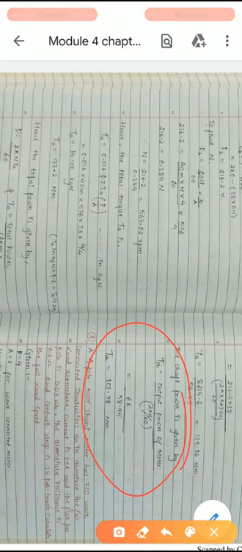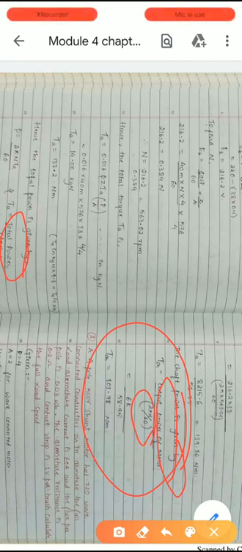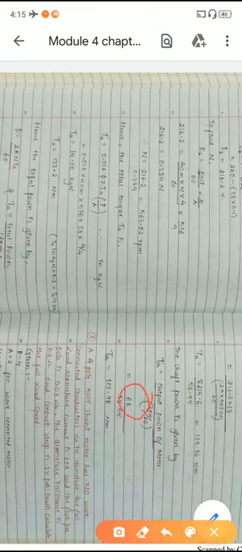What is shaft torque? Output power of the motor divided by 2 pi N by 60. This is total power, this is output power of motor. Output power of the motor they are given 6 kilowatts and we know the value of 2 pi N, 563.02 divided by 60.